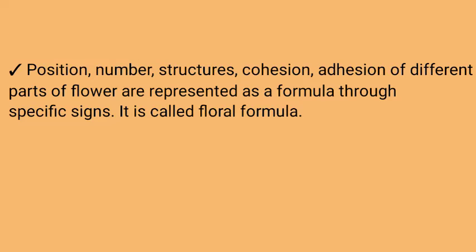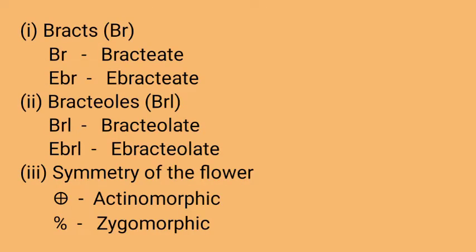In the floral formula, the very first symbol is Br, which means bracts. If a flower contains bracts, we write Br, which means bracteate. If the flower does not contain bracts, we write the symbol Ebr, which means ebracteate.